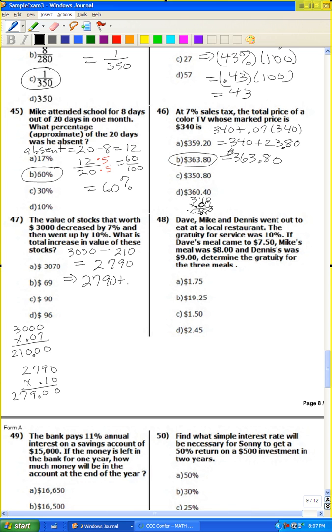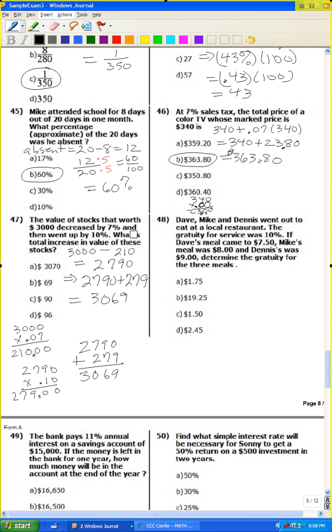You then had an increase of 10%, another $279. And so that's going to equal 2790 plus 279 is 9, 6, 1, carry the 1, 0, 3. So 3069. So now your stock is worth $3,069.